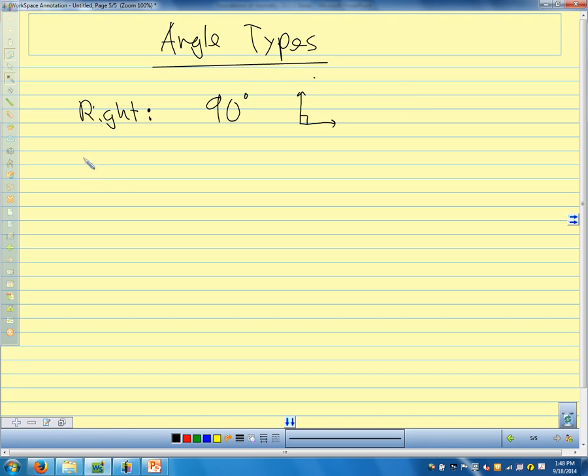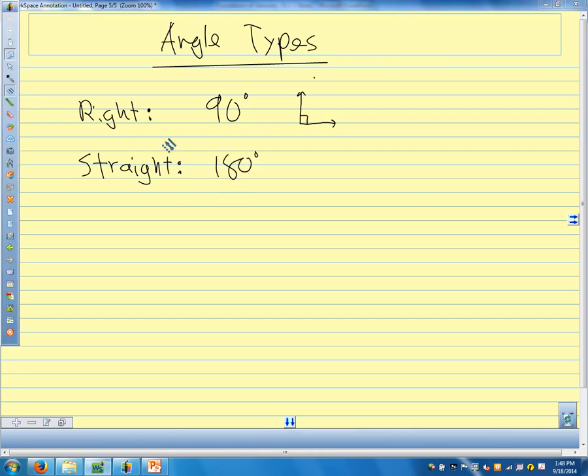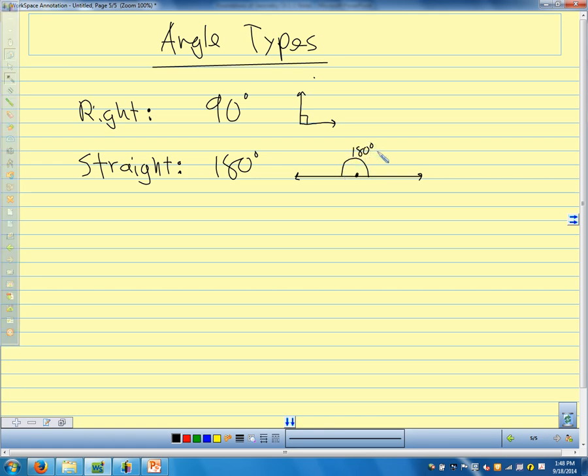How about a straight angle? 180 degrees. A straight angle just looks like this, and sometimes you'll see it drawn like that. But a straight angle is just a line, basically.